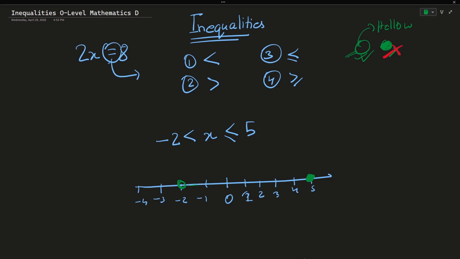Now I just have to shade the region of the number line in between our 2 points. The key difference is that you have to mark the points correctly, either with a hollow circle or with a filled dot, based on your inequality sign in the question. So that is how you represent it on the number line.